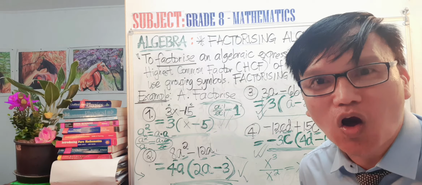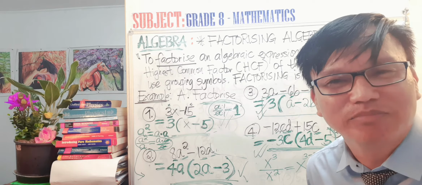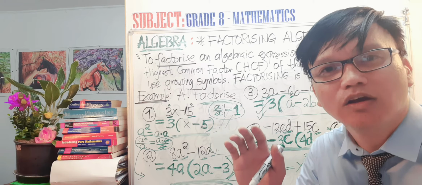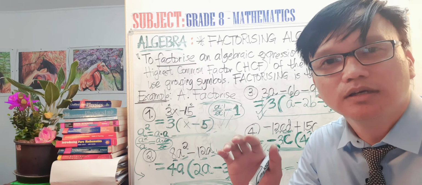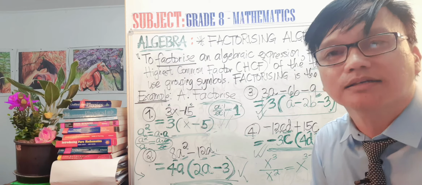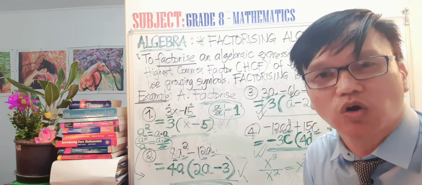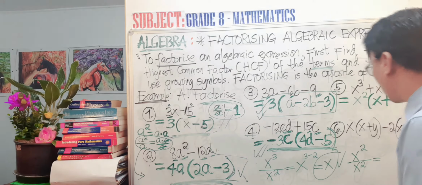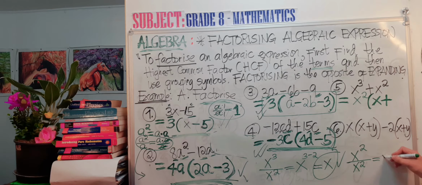The law of indices number 2. What does it state again? It says that you are going to subtract the powers, or the exponents, or the indices. So that is now x to the power of 2 minus 2.